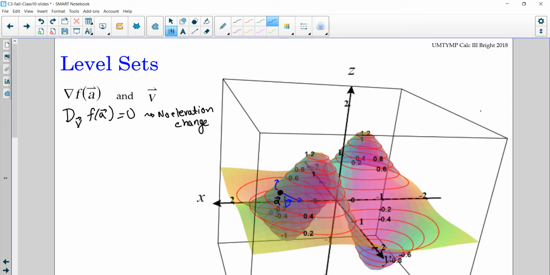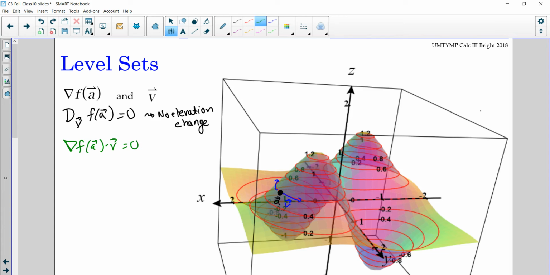And we know previously, by the big theorem, that this is precisely equal to the gradient of f at a dotted with v, and that's also 0.